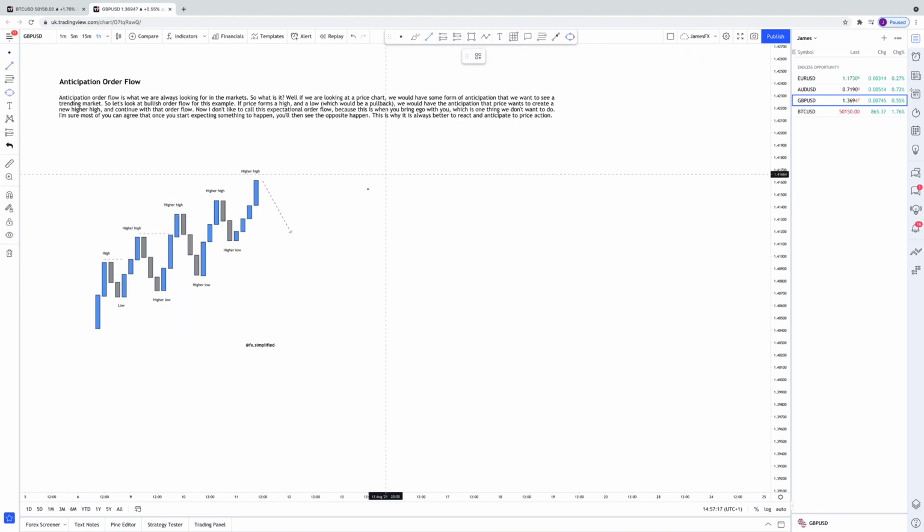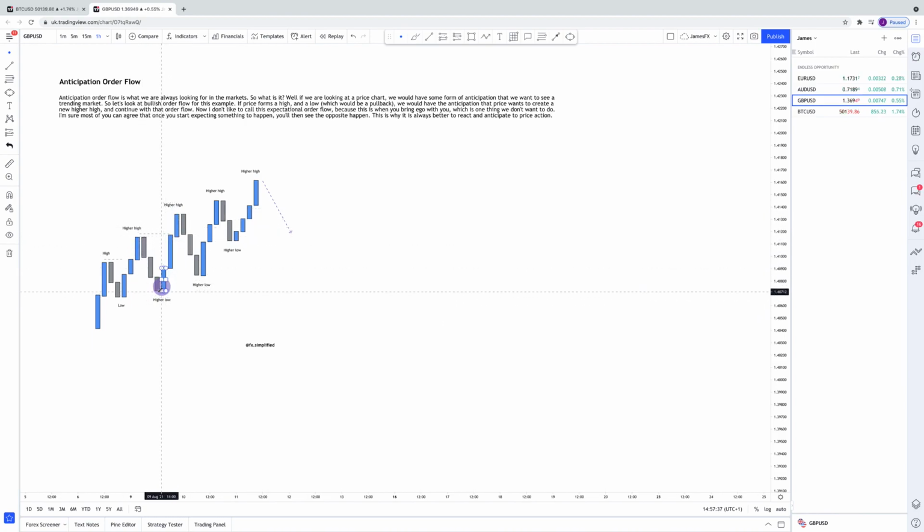Now this higher low is only confirmed to be the higher low once price puts in that new higher high. So once we get this, we can then work backwards with these candles and come to find the lowest point before we can see the pullback.